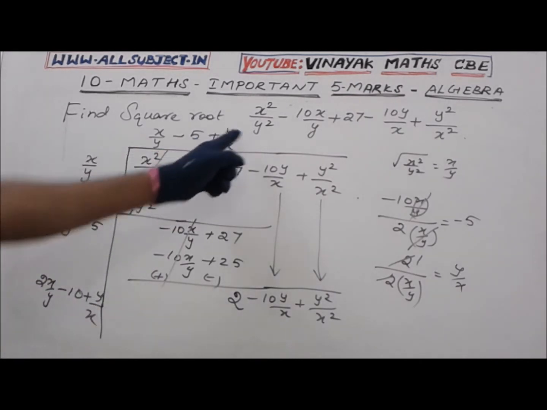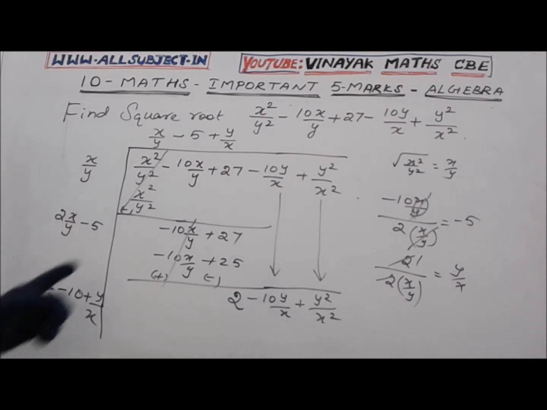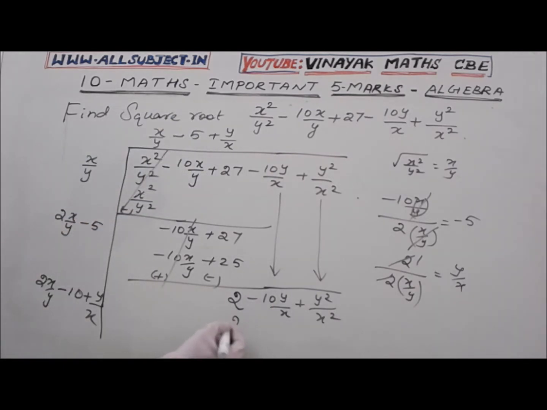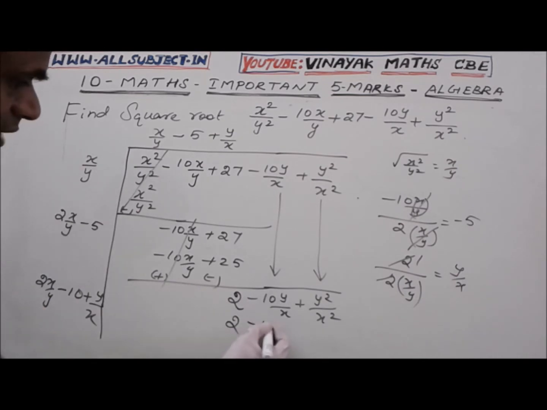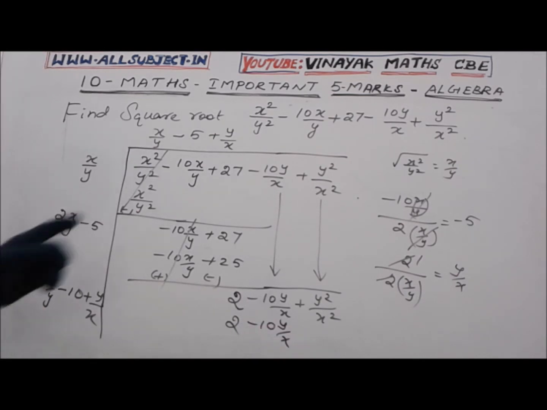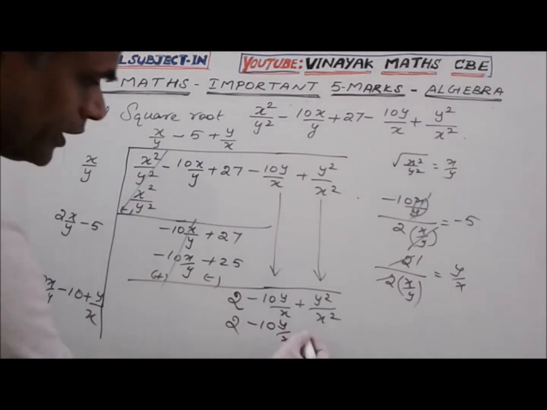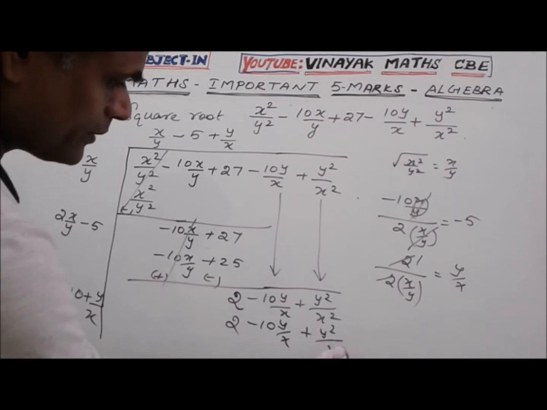Now multiplying this y by x to these three terms, we get 2 into x by y into y by x, which implies 2, and y by x into minus 10 is minus 10y by x, and y by x into y by x is y square by x square.